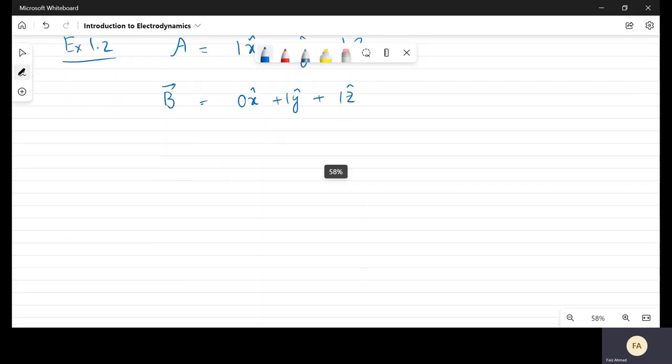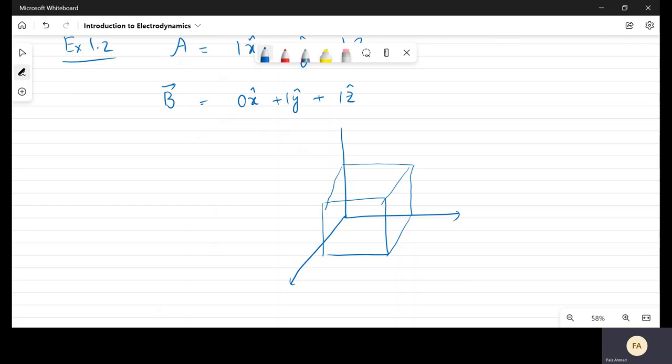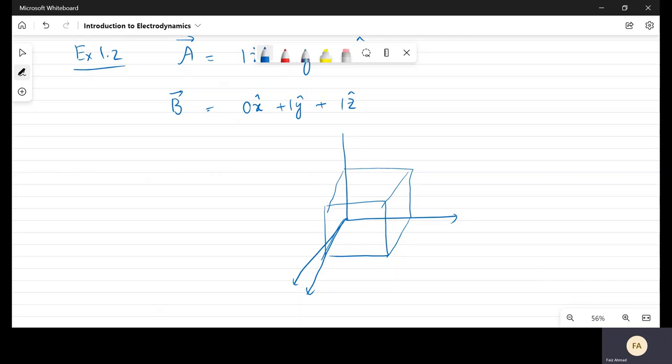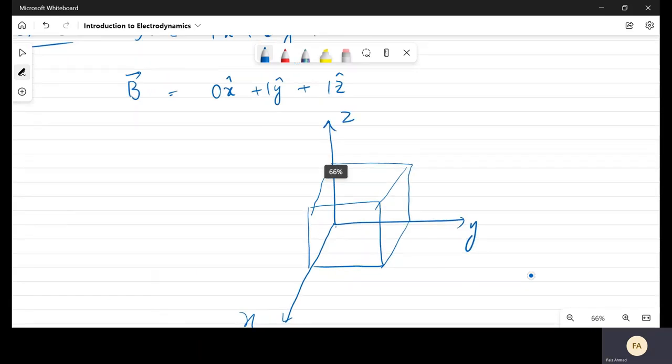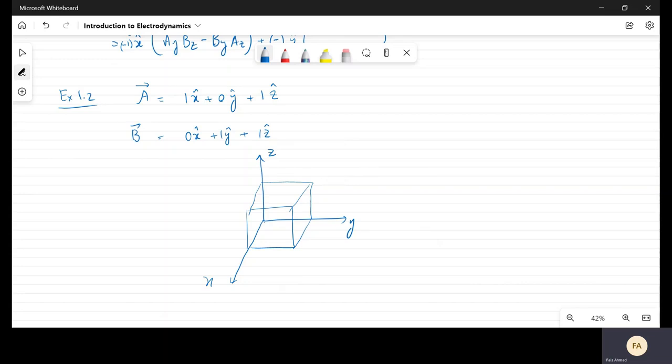If I try to draw a cube and draw these two vectors, with axes X, Y, Z, these are two face diagonals of the cube, and we have one X and one Z. So the first diagonal is this one.